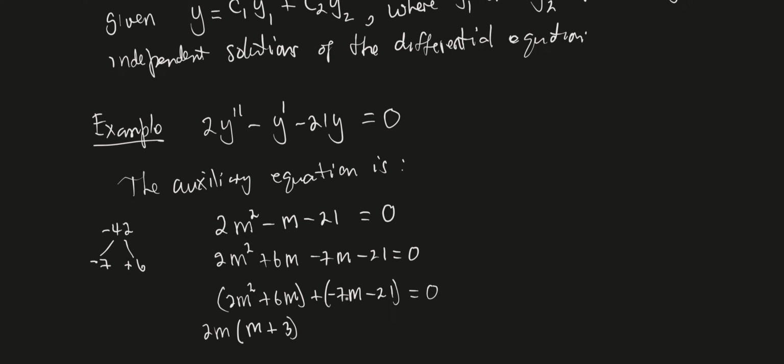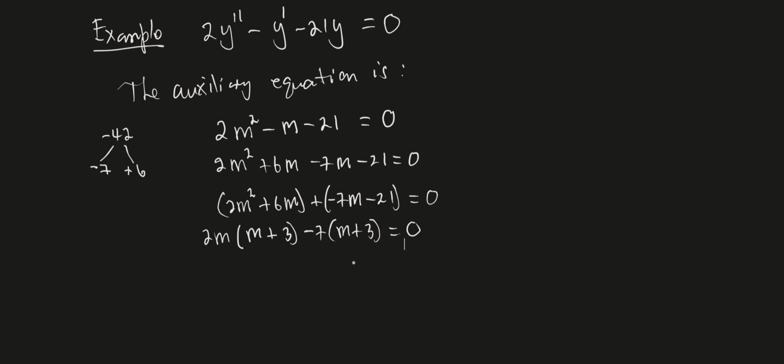And then factor out negative 7 out of the second pair, and that also leaves an m plus 3. So I know my process is working. Now factor again, factor out the m plus 3, and that leaves the quantity 2m minus 7. So here we're going to get our two m's. m1 is equal to negative 3, and m2 is equal to 7 halves.